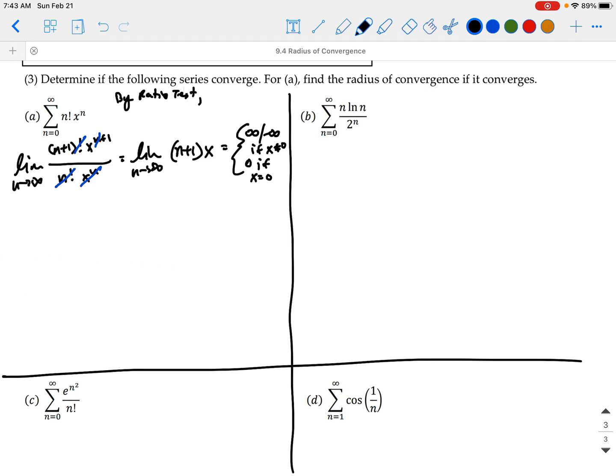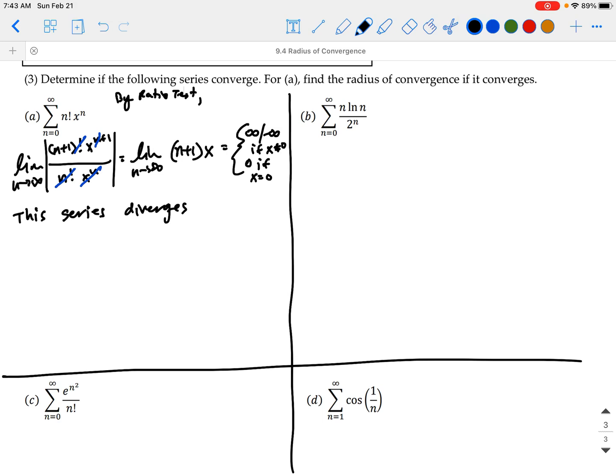So we'll just note this series diverges, because infinity and negative infinity are both greater than 1 in absolute value. So again, if we're taking the absolute value, oh, that's what I forgot.